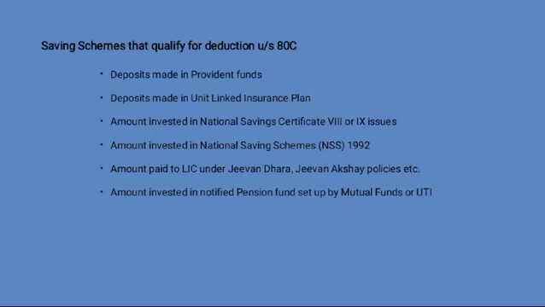So deposits made by an assessee in statutory Provident Fund and recognized Provident Fund are fully qualified for deduction. Means full amount deposited in these schemes, in these funds, is fully qualified for deduction. Next, we have deposits made in unit linked insurance plan.